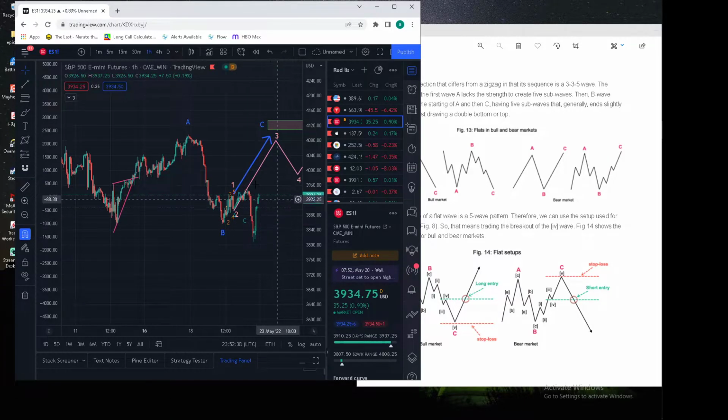And I was like, okay, here's the last chance for a flat correction. But what I didn't realize is that you can actually have an expanding flat correction, where this is what it should have looked like. We should have bounced here, and that would have given us a normal flat correction.